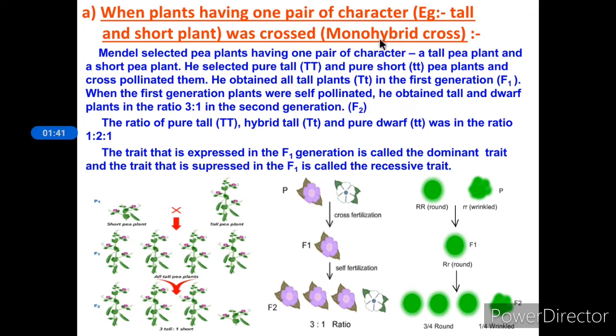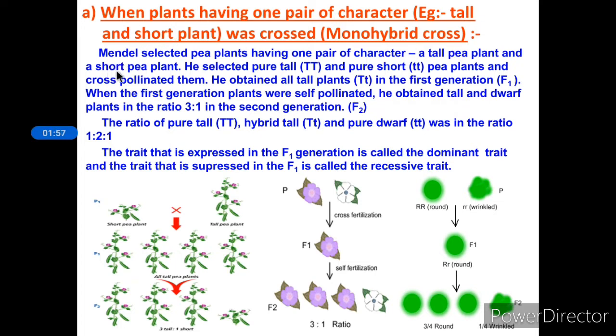So when Mendel selected pea plants having one pair of characters, what was the character he selected? Yes, the height. A tall plant and a short plant or dwarf plant.